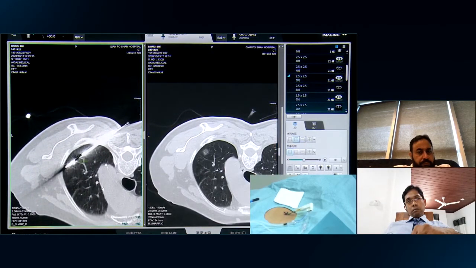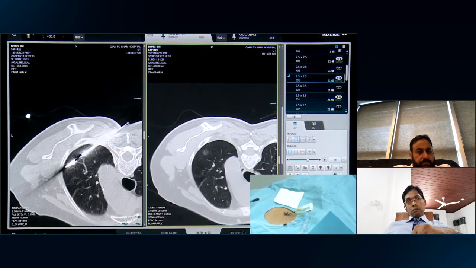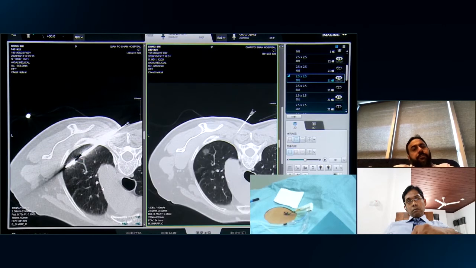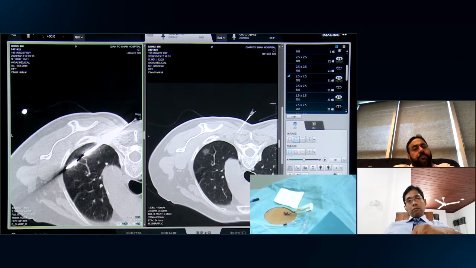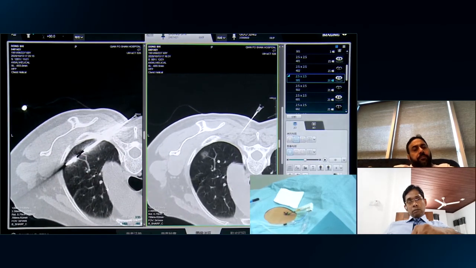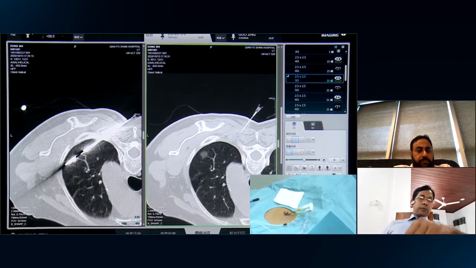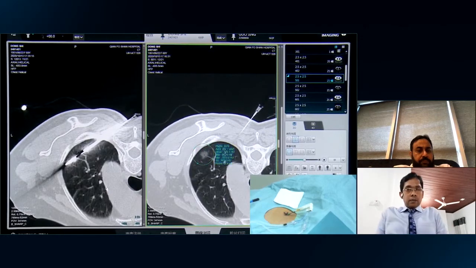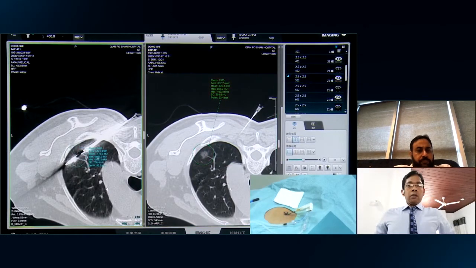So these two images are in the same slice. We just compare the present image and the previous plan image.